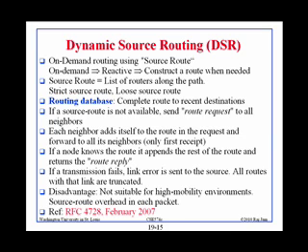You send a route request to all your neighbors. Each neighbor adds itself to that request and then asks its neighbors. At the end, the request will reach the destination, and the destination now has the route.